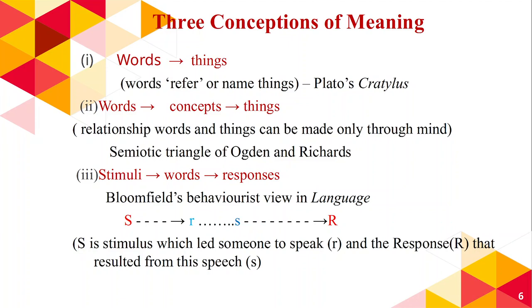Then the linguistic stimulus S leads Jack getting the fruit apple, which is final response capital R. Now Bloomfield argues that you can tell what is the meaning of response and stimulus by observing the events that accompany it.